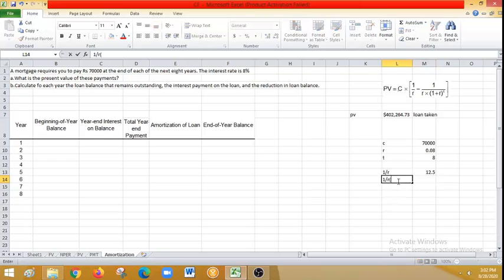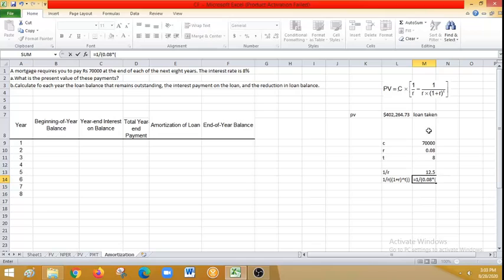R into (1 plus R), right? So this R has a time function, so to the power of T. So we are going to calculate this with the equal to function that is available. So equal to 1 divided by, so here it is R, 0.08, multiplied by, I am opening a bracket.